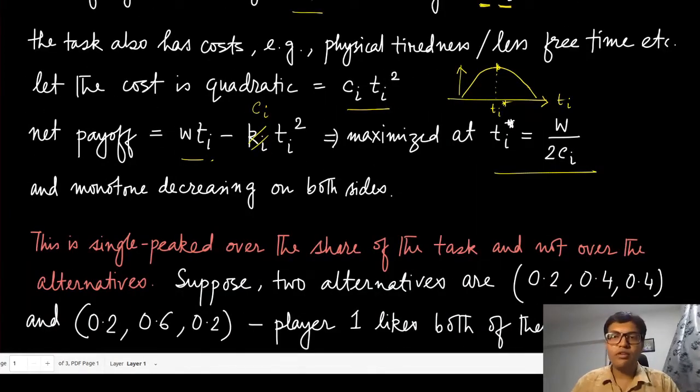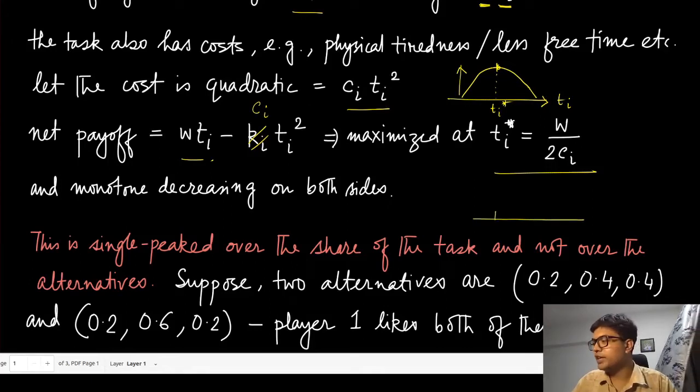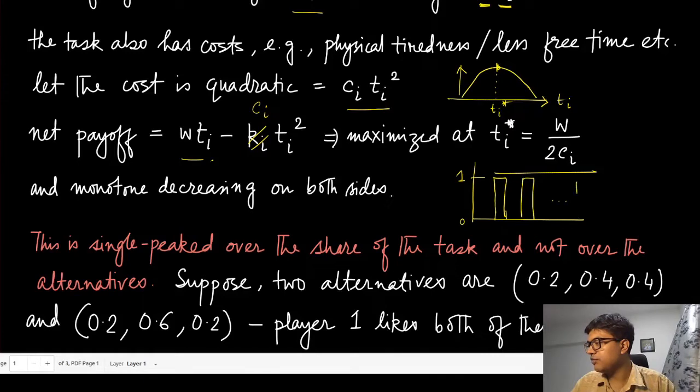One way of pictorially depicting what is happening here is to draw the total task among different agents. So let's say we have agent 1. The total task can be shown on the y-axis. So this is 0 share of the task and 1 share of that task, and maybe there are some n number of agents here, and each of these agents has a most favorite share of this task.